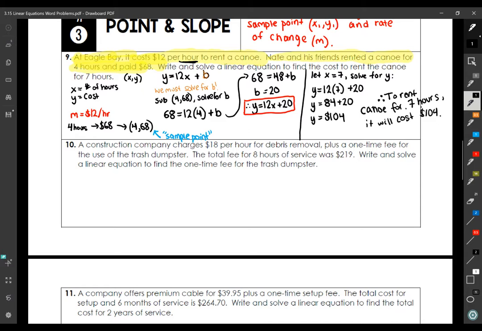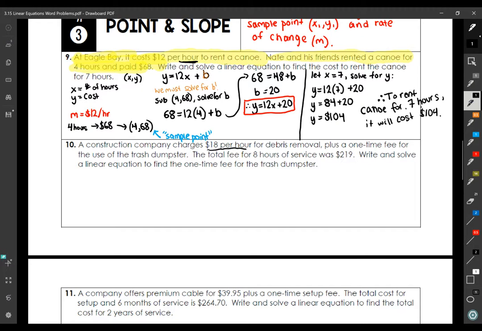Question 10. A construction company charges $18 per hour for debris removal. Debris removal means they're getting rid of all the garbage, cleaning things up. Plus a one-time fee for the use of the trash dumpster.